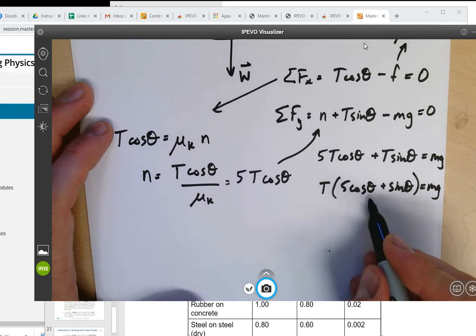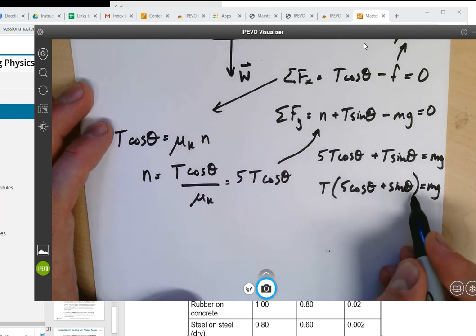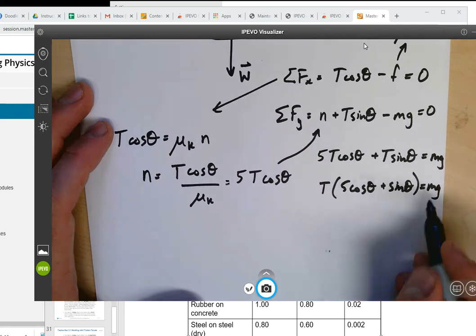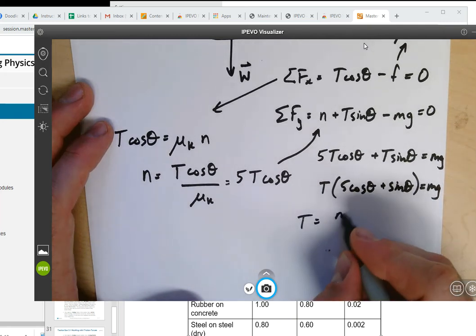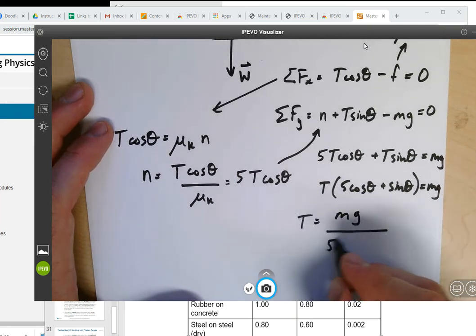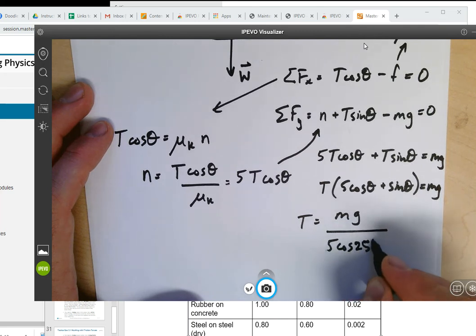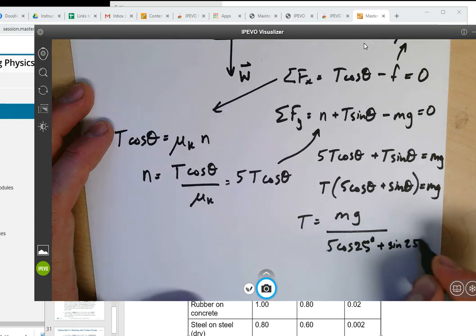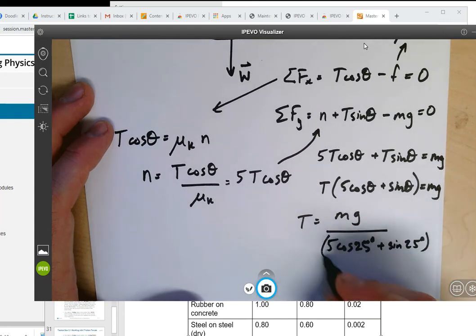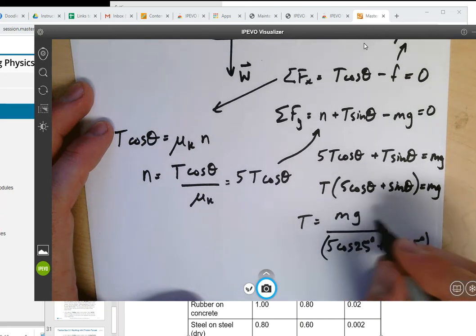We know that theta is 25 degrees. We can figure out the sine and cosine. And then T has got to be equal to mg divided by (5 cosine of 25 degrees plus sine of 25 degrees). So that is our challenge here.